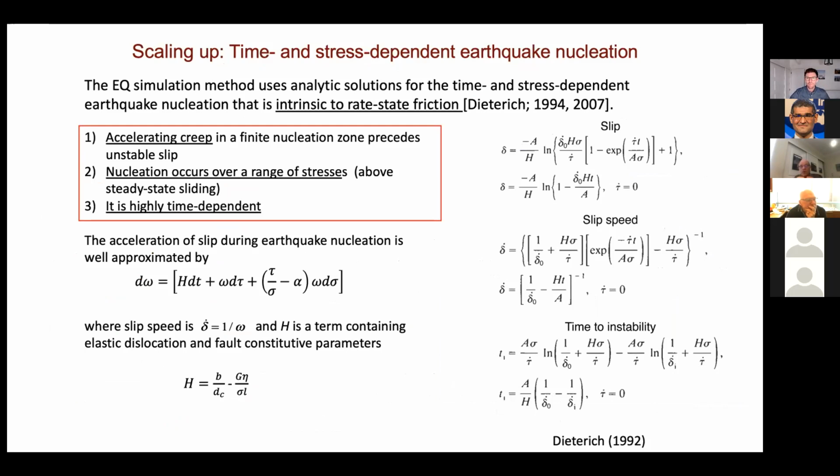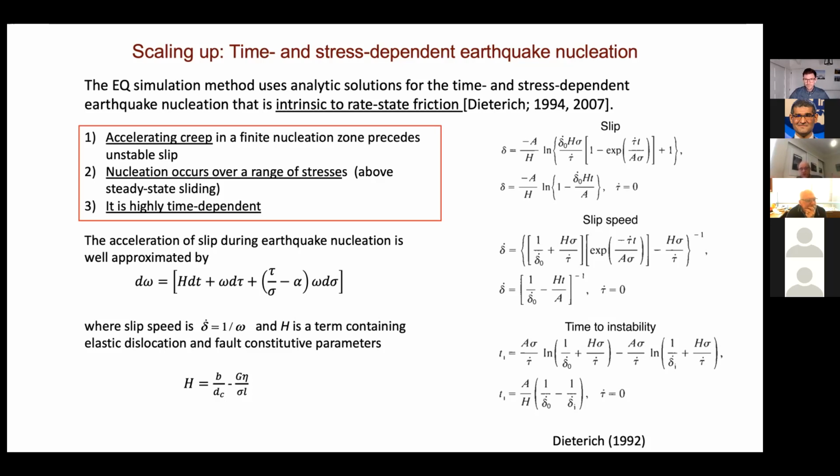So in the laboratory, the stiffness of the loading machine is very important as to whether or not you get stable sliding or stick slip when parameter B is greater than A. But in nature, you have these extended faults.